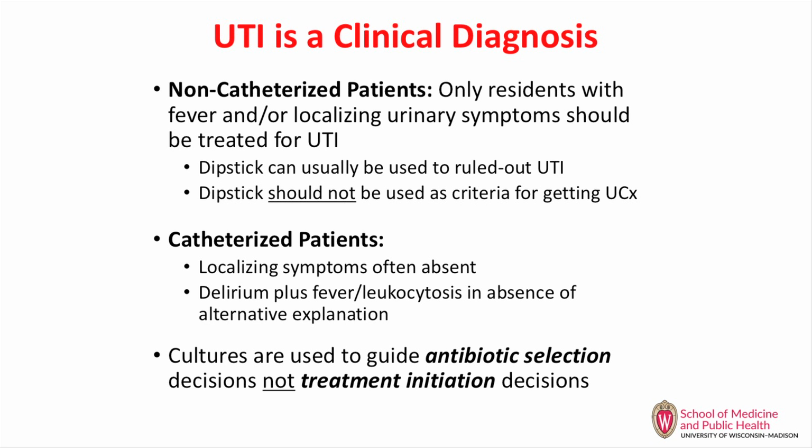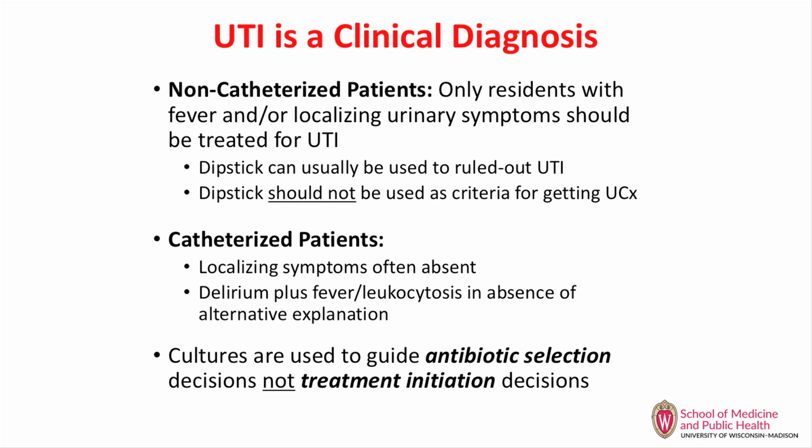So when they're negative, you've ruled out UTI. When they're positive, you haven't ruled in anything. Now, a urine culture is great for helping you make decisions about what antibiotic to put them on, but it doesn't help you make any decisions about whether to start an antibiotic. Okay? Clear? All right, awesome.